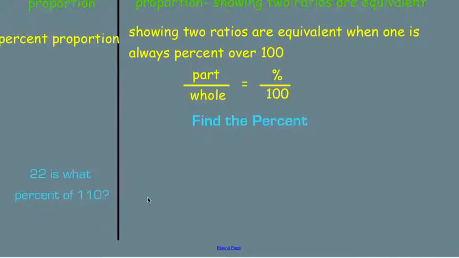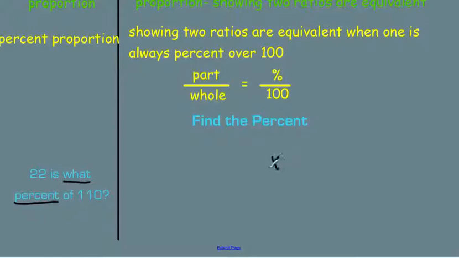Few things we need to look at here. First thing that we need to look at and pay attention to is that this is what we're solving for. What percent? Do you know what percent it is? No, you don't. So I know that in my formula here, we're going to call this a formula, that I don't know this percent.